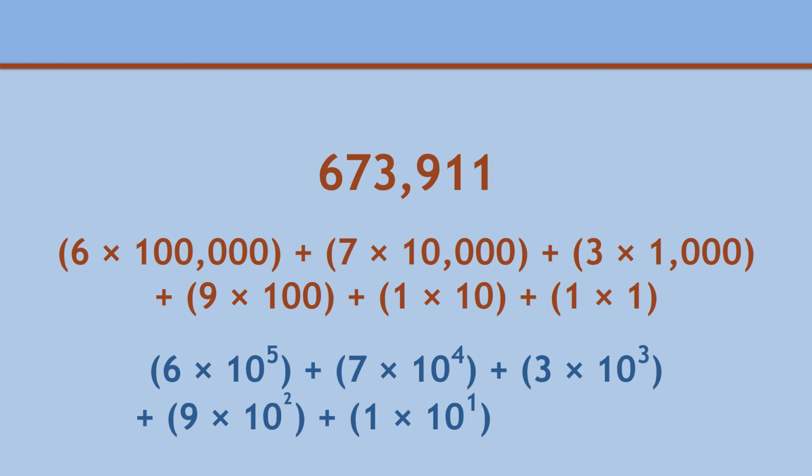Okay, and then our last one, this is when that rule that I just told you about is going to come into play. So remember, any number to the power of 0 is equal to 1. So in this case, we need an exponent that's equal to 1 because if you look up at the top at the expanded form, our very last parentheses has 1 times 1.